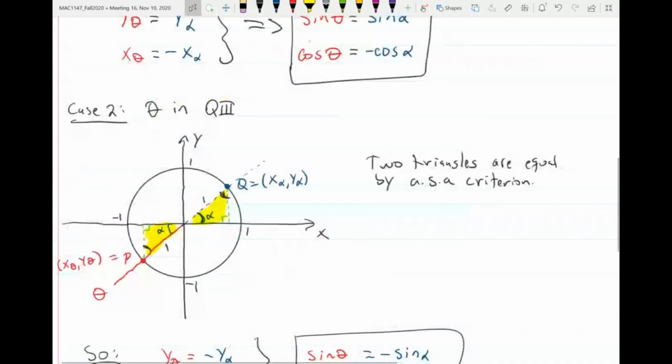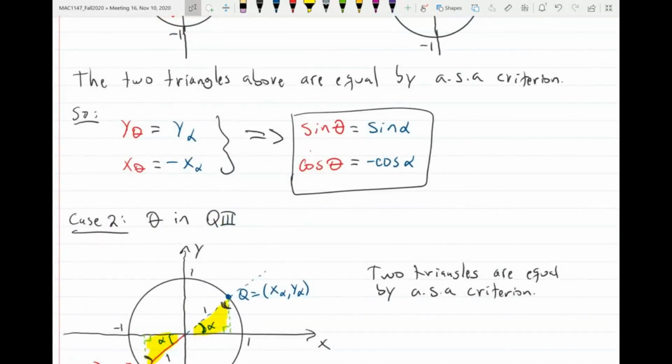But we could summarize both of these in the following condition. The absolute value of the sine of theta is the same as the absolute value of the sine of alpha. The absolute value of cosine of theta is the same as the absolute value of cosine of alpha. Basically, I'm putting absolute value to remove the plus or the negative. Whatever it is, when you do absolute value, they are always the same.